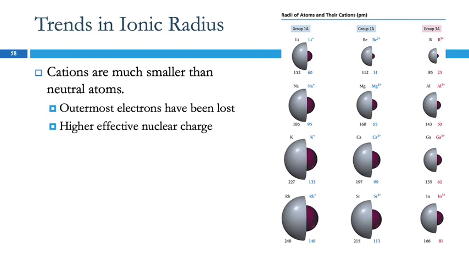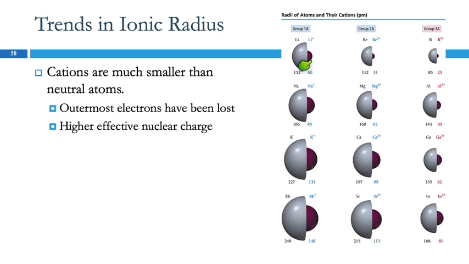So we've talked about the size of atoms. Now we'll talk about the size of ions. So cations are much smaller than neutral atoms, and thankfully this makes sense. Because how do you make a cation? You take electrons off. When you peel things off of something, it gets smaller, right? So we're taking off electrons, and we're generally losing the entire valence shell, so we're going down another layer.